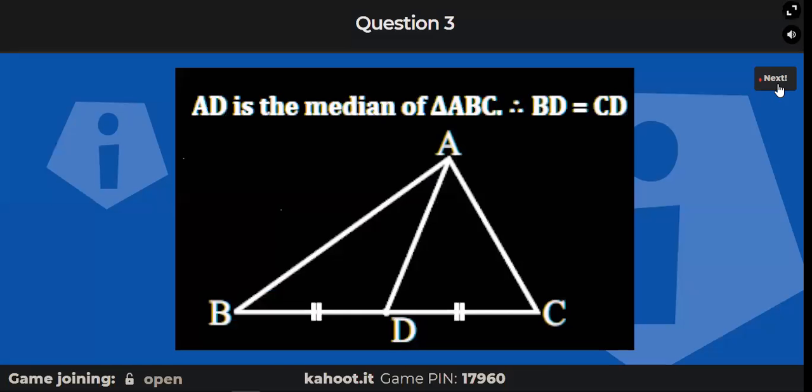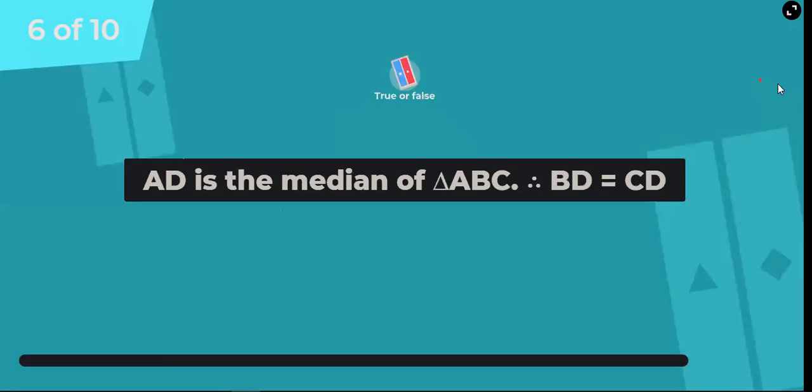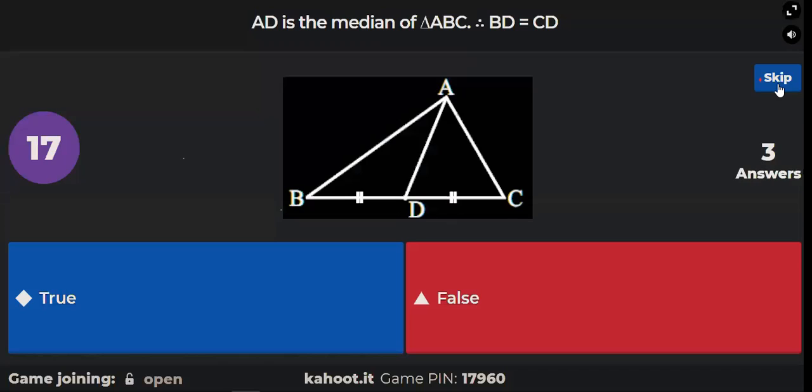See this. Answer this. It's true or false? True or false? Tell me. If AD is a median, then BD is equal to CD. True or false?